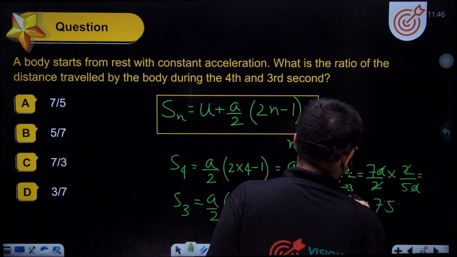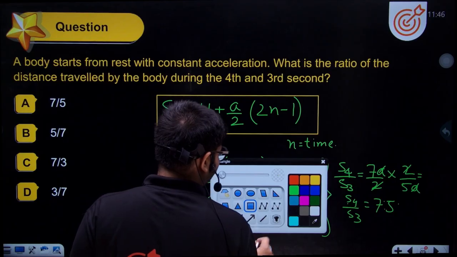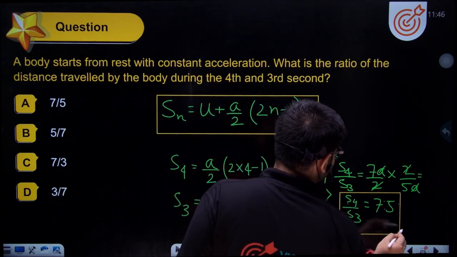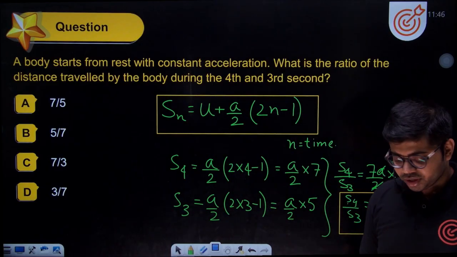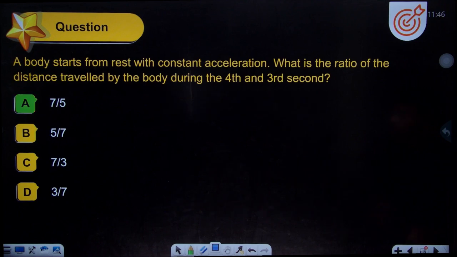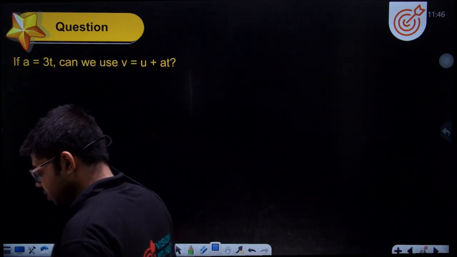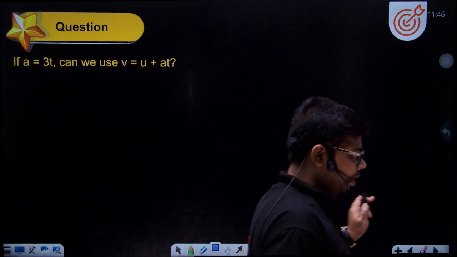So S4 by S3 is nothing but 7:5. This is the answer. So your answer is going to be option A. Okay. Now please think on this, whatever is written.